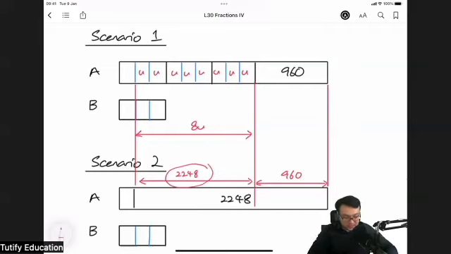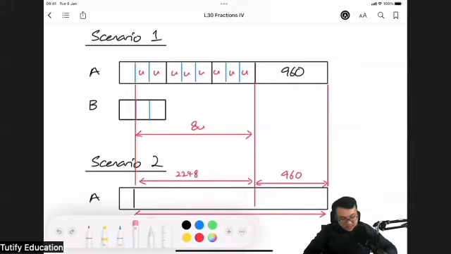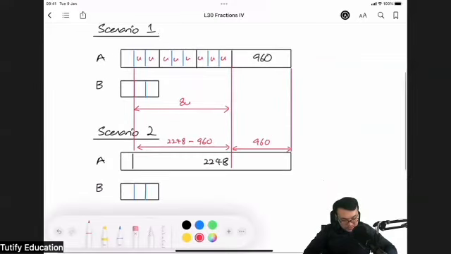No. So minus what? You look here, the whole thing here is 2248. Yes or no? This is 960. So how do you find this question mark here? 2248 take away 960. Yes, correct. Very good.